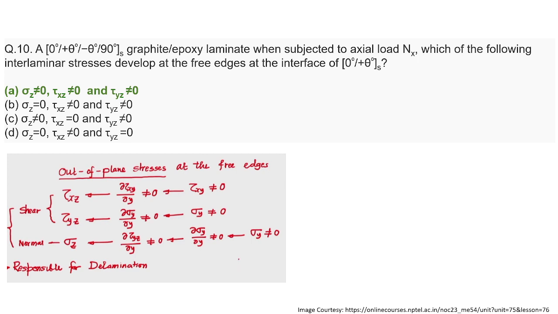Also, for a 0 degree laminate the shear stress in xy direction is zero, but there will be a value of shear stress in xy direction for an angle laminate. Because of that, there will be an out-of-plane stress in xz direction also. Hence, we will get the value of all the three out-of-plane stresses: the shear stress in xz and yz direction, and also the normal stress in z direction.